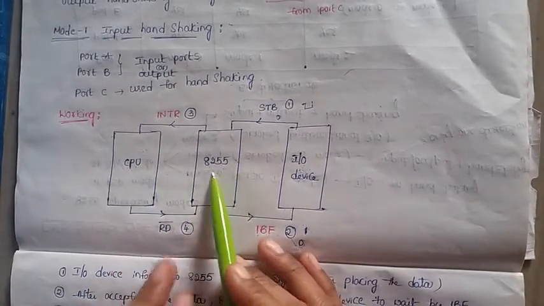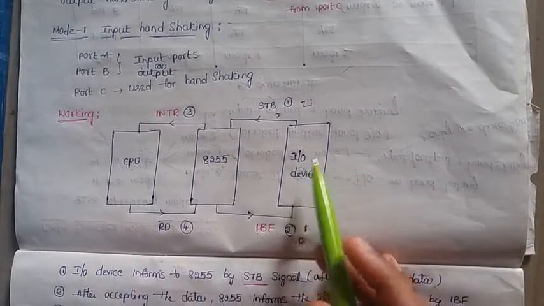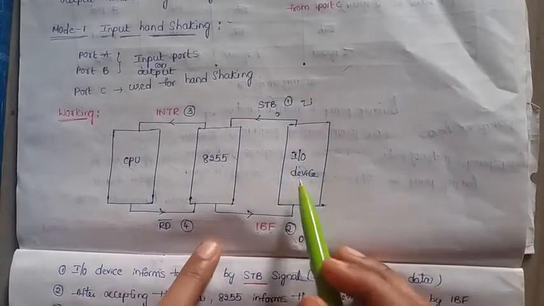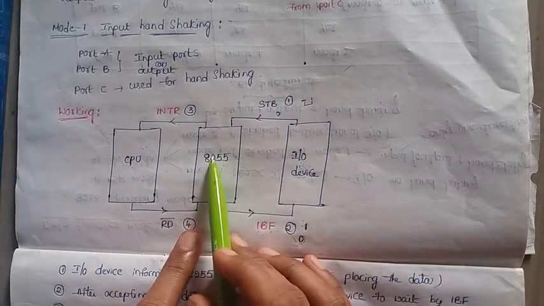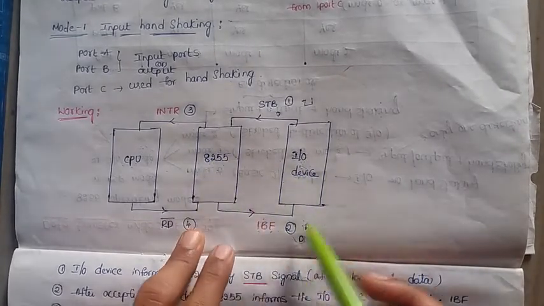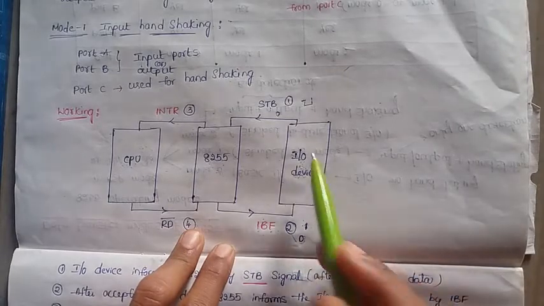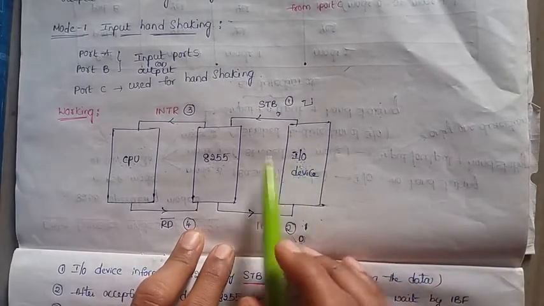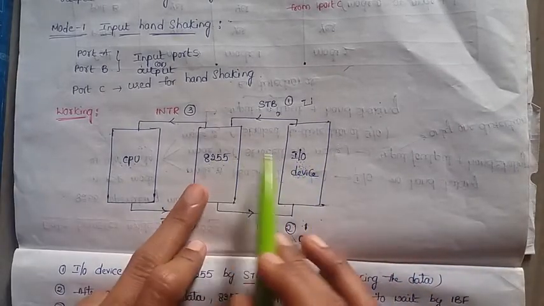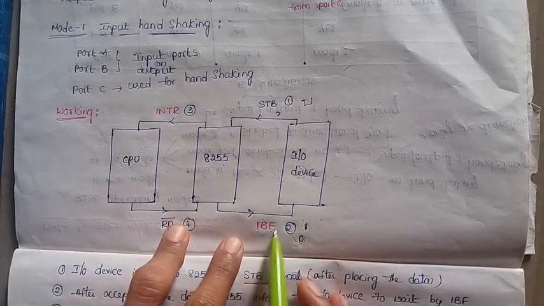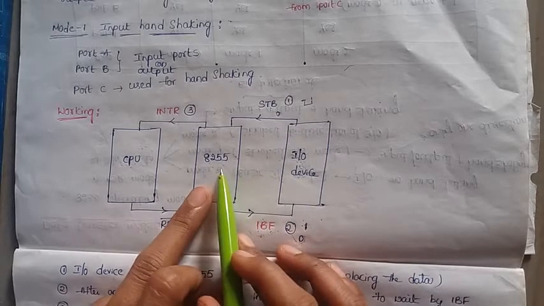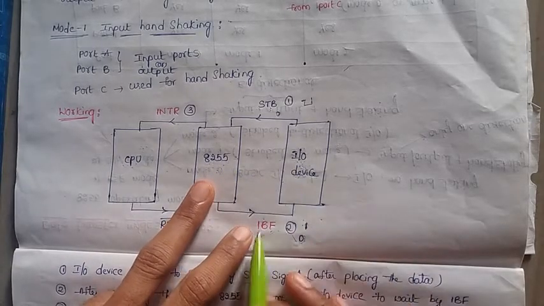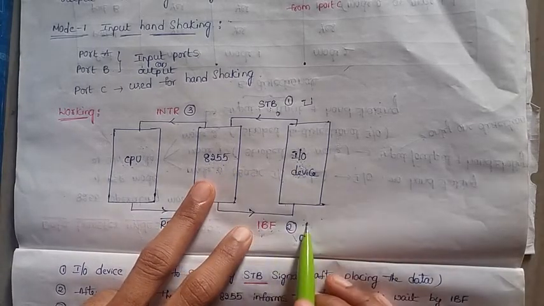Whenever 8255 informs the CPU by making IBF 1, then the IO device doesn't send more data to the 8255. So it prevents the data loss. Suppose it sends 1 byte of data to the 8255. Now 1 byte of data is present in the buffer. So 8255 informs the IO device by making IBF 1.